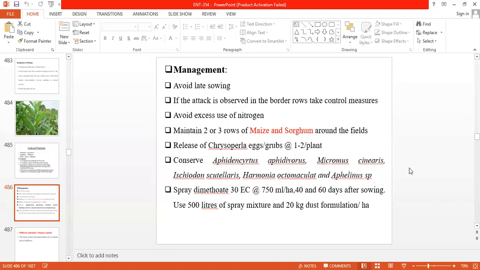Application of chemicals: 0.02% phosphamidon, 0.03% dimethoate, thiometon, acephate, quinalphos, fenthion, 0.01% carbaryl, malathion, or dusting with phosalone 4% dust, methyl parathion 2% dust at the rate of 20 kg per hectare as soon as the incidence is noticed.